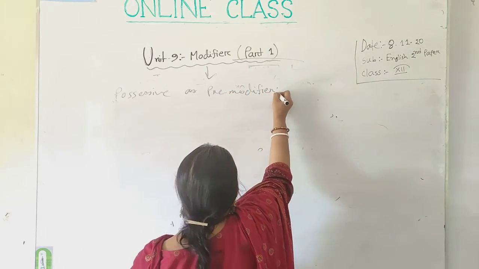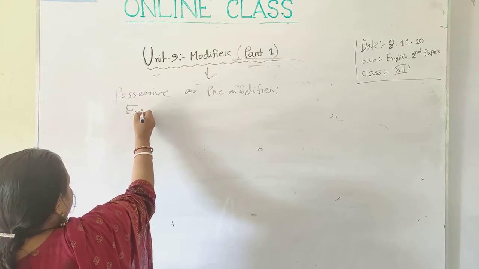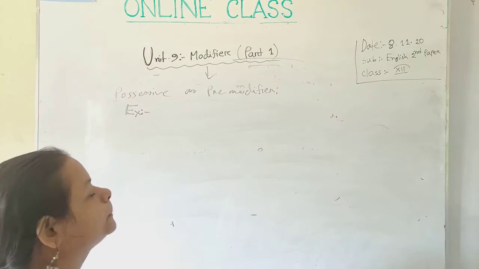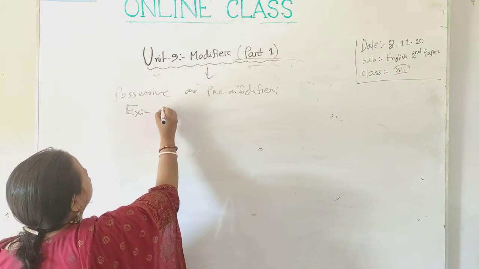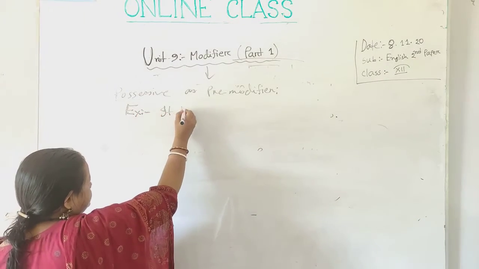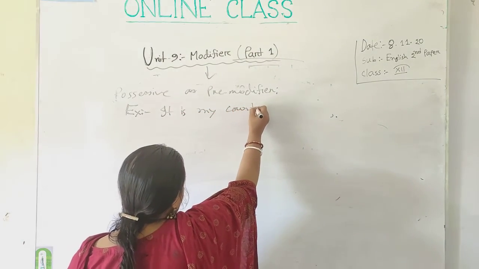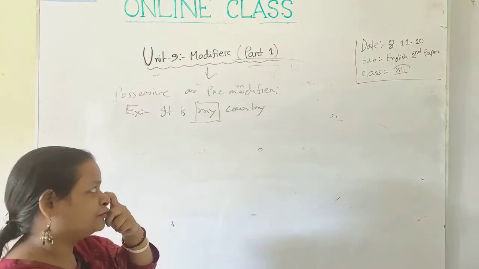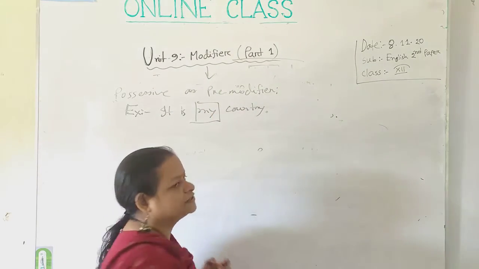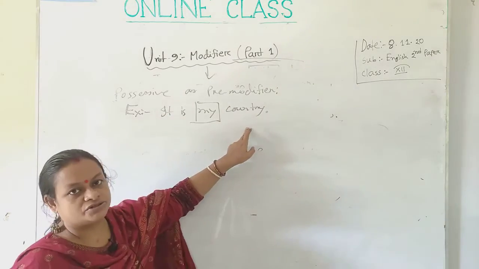For example, it is my country. Here my is a possessive, belongings. Possessive means belongings. So, it is my country.